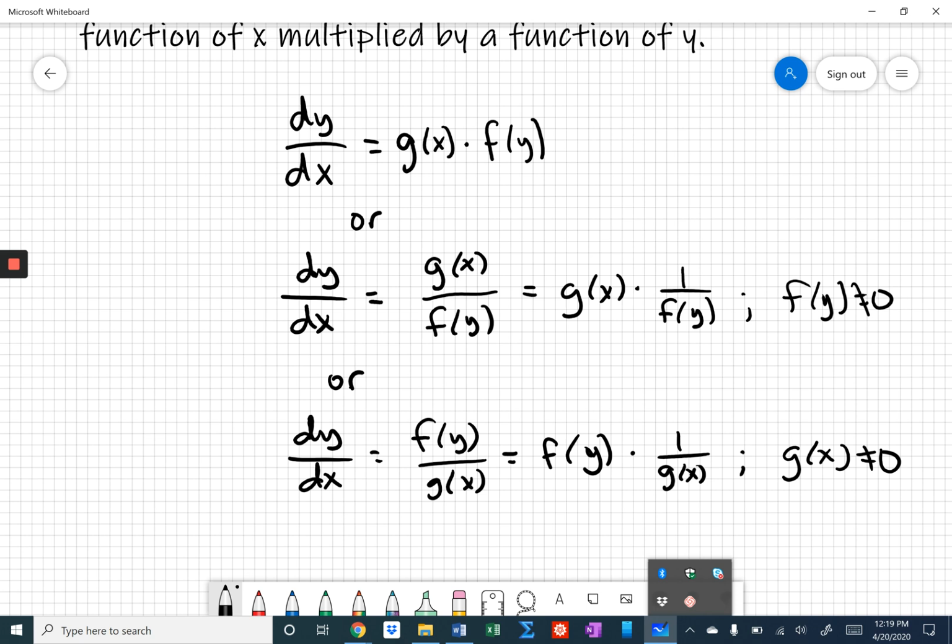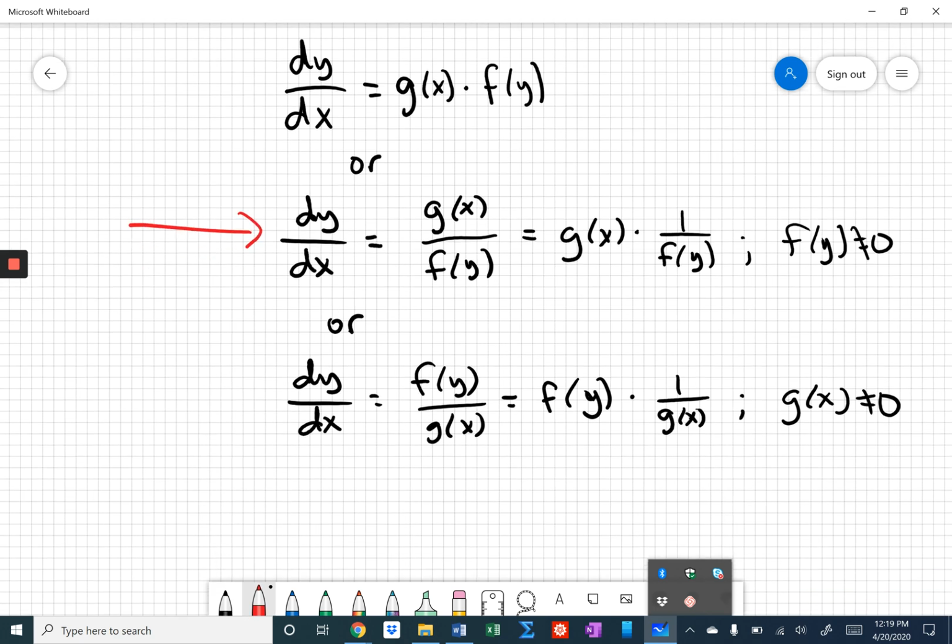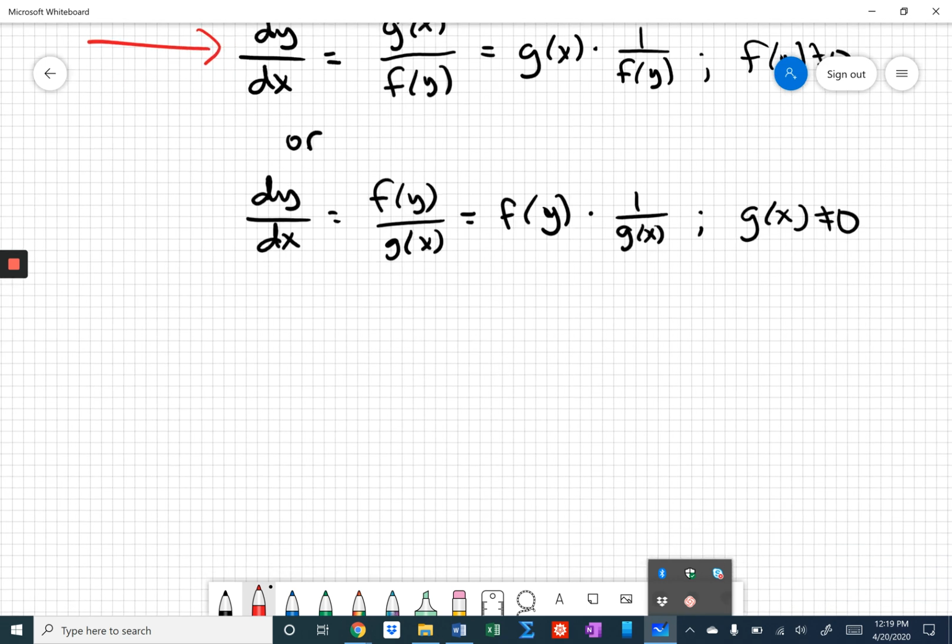So just to keep things simple, I'm going to pull the second form out really quickly and give you a general sketch of how this is going to go, and then we'll start applying it to some specific examples.